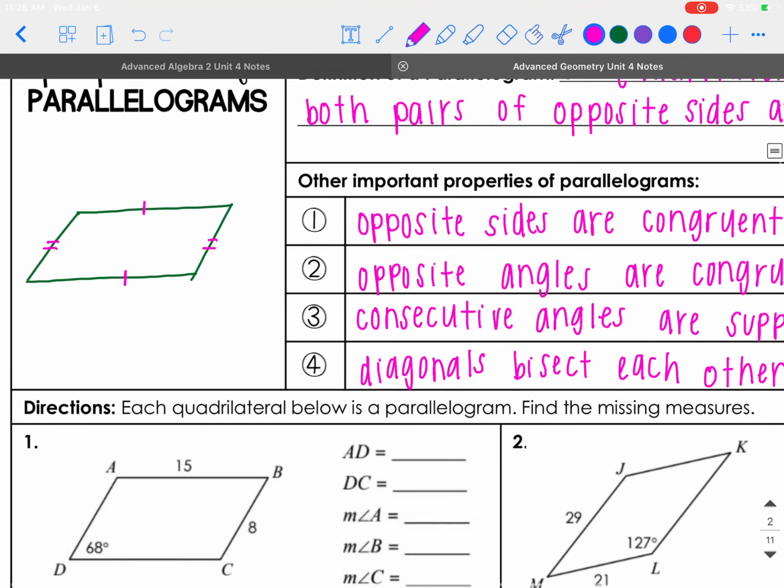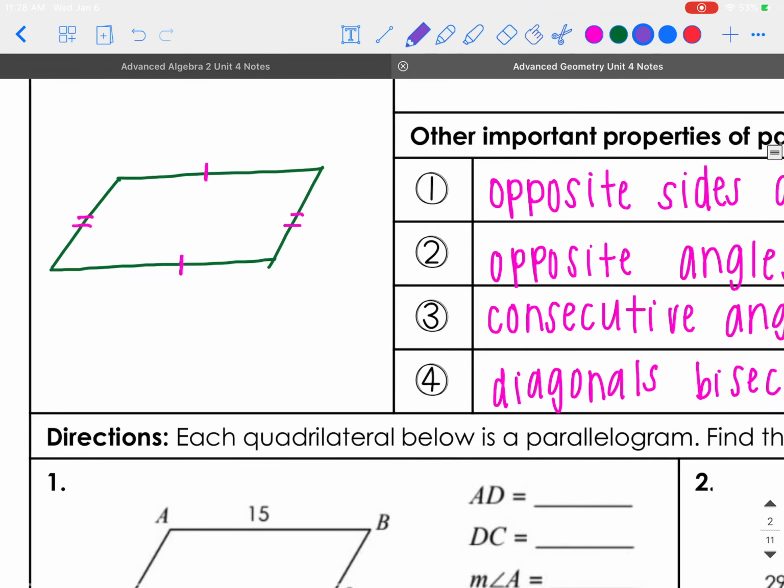Now, opposite angles, that means ones that are like in opposite corners. So for example, this one, let's put 2 dashes there, and this one. Those two are congruent. So if one of them is 60 degrees, the other one is 60 degrees, which would also mean that these two are congruent to each other.